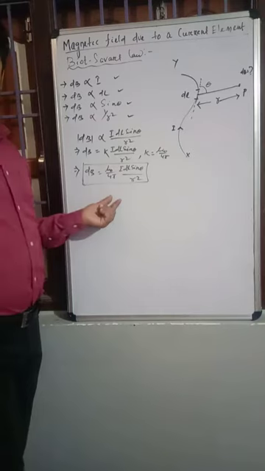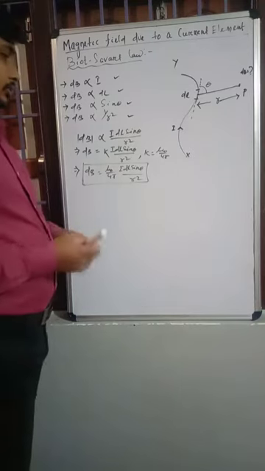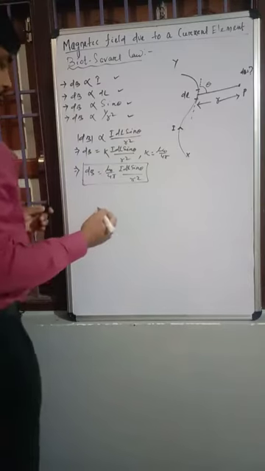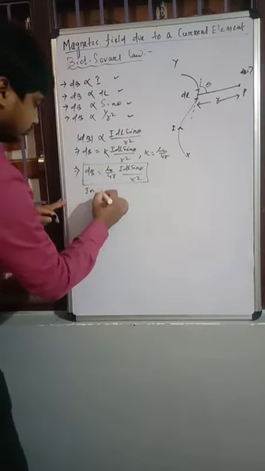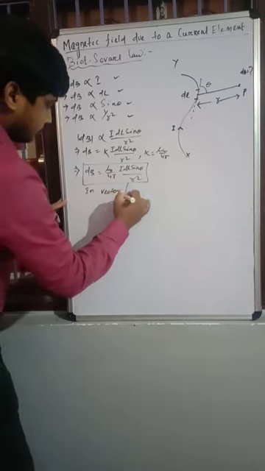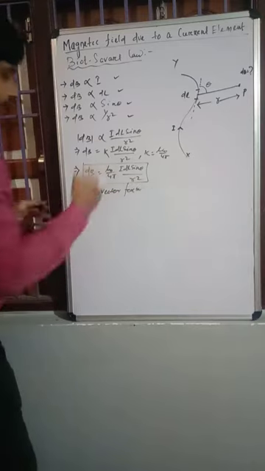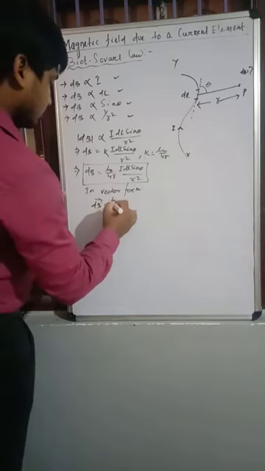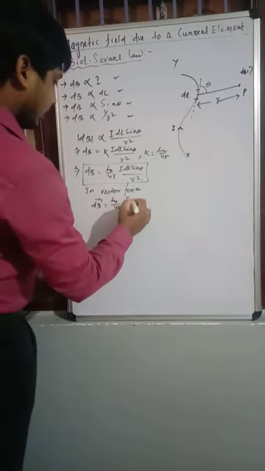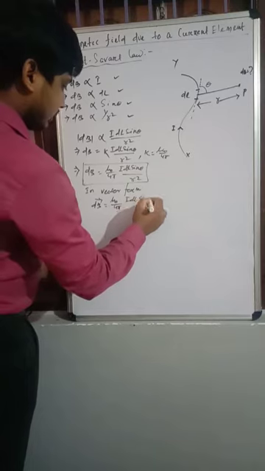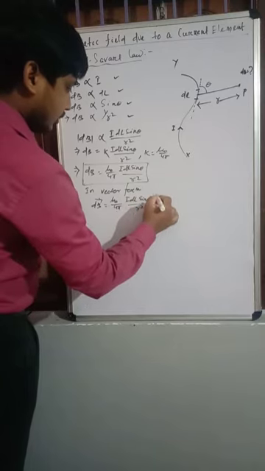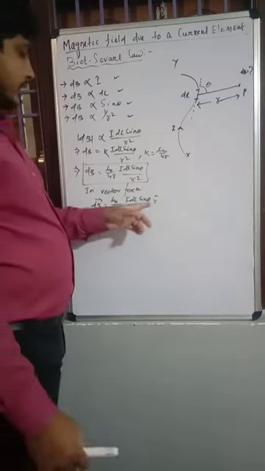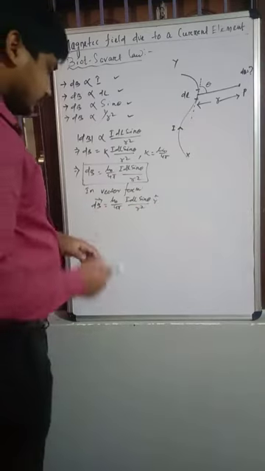If I express it in vector form, then in vector form you will get dB vector equal to mu naught by 4 pi I dl sine theta by r square into r cap, where r cap is the unit vector which indicates the direction of this magnetic field.